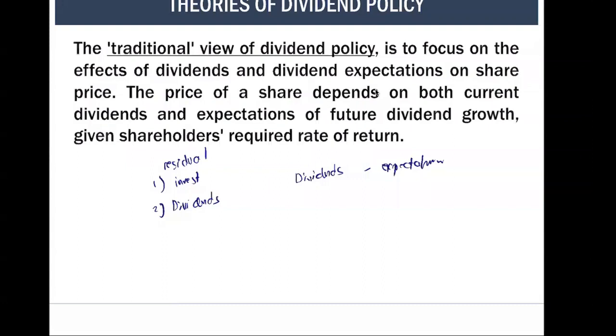So the investor will think that if this company is paying this type of dividends, sooner or later they will pay a higher amount, and I think I should invest in this company. See the signal and the expectation it gives to the investors. That's the traditional view.